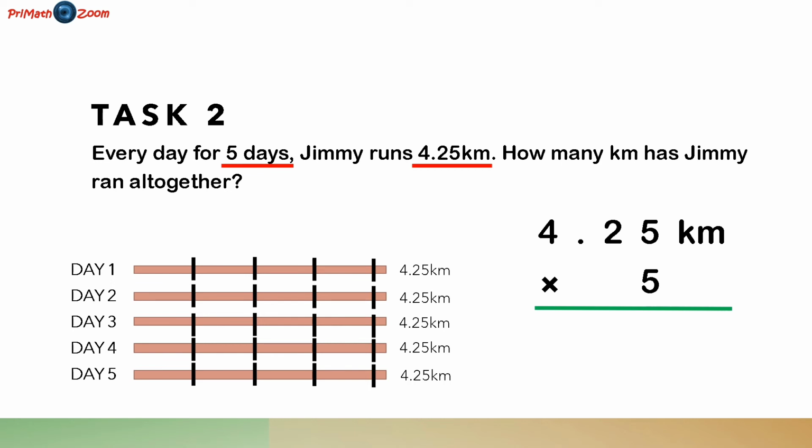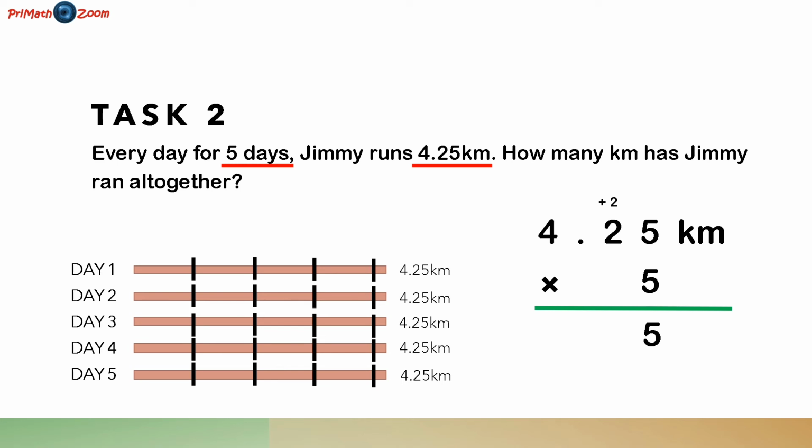So let's go. 5 multiplied by 5, 25. So we're going to have our 5 hundredths, and we're going to add 2 tenths to the tenths column. And remember, we're not going to line up any decimal point here. We're going to count off our decimal places and place our point at the end.